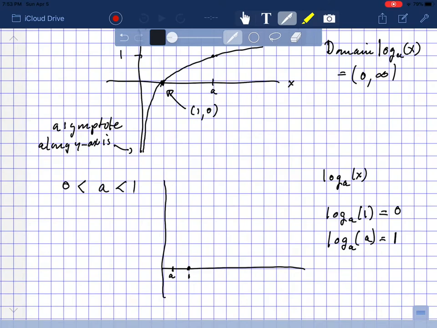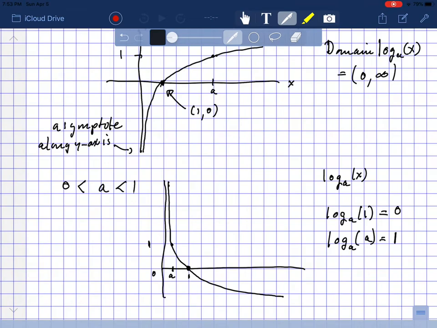Okay, so we'll say this is the point a. Here's 1. We know the graph is going to pass through this point, and because we chose a to be between 0 and 1, the value of a lies somewhere in this interval. Here I'm just indicating it by this arbitrary point. And the graph of our log function in this case looks like this.